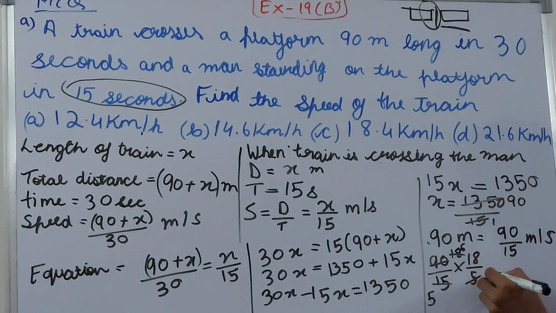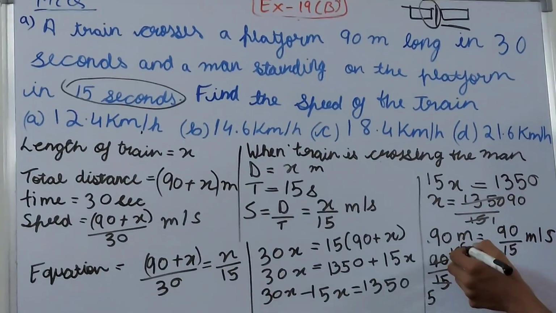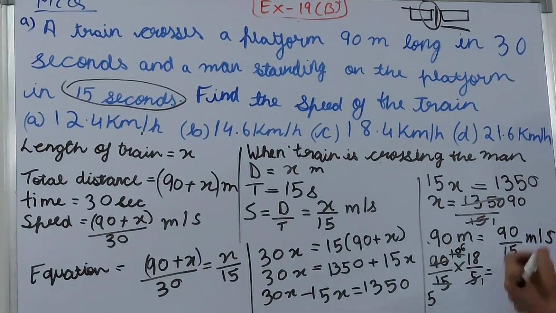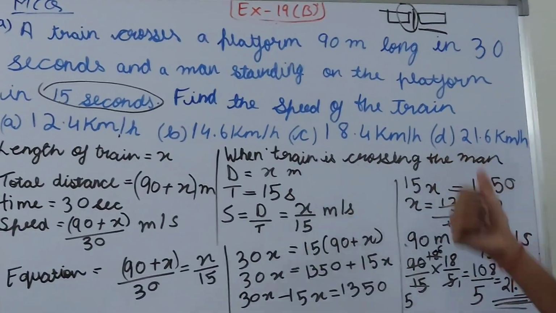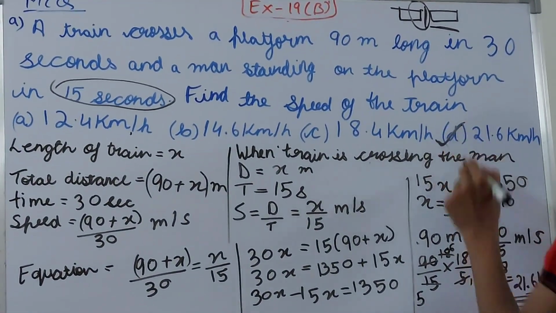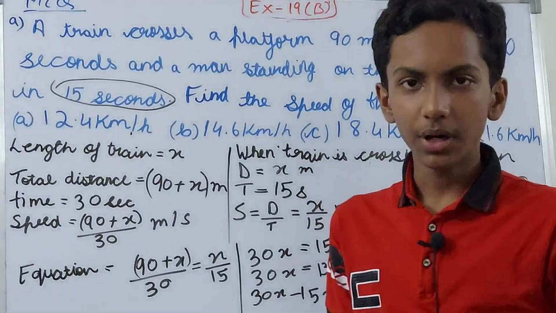So now we cannot cut it. 18 into 6 is 108. 108 upon 5 will give us 21.6, right? 21.6 kilometer per hour. At last, this is the speed that we get, and this is in option D, 21.6 kilometer per hour, right?